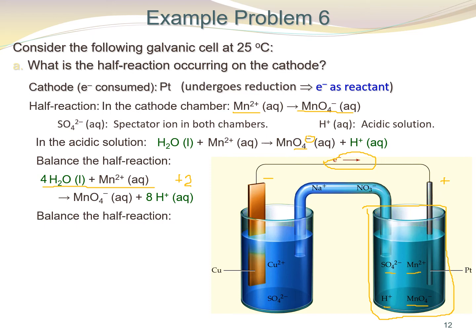When we look at the right-hand side, the product side, we realize the total charge is +7. Remember, we will add electrons on the side with the more positive charge. More positive by how much? How many electrons? That's going to be 5 electrons.